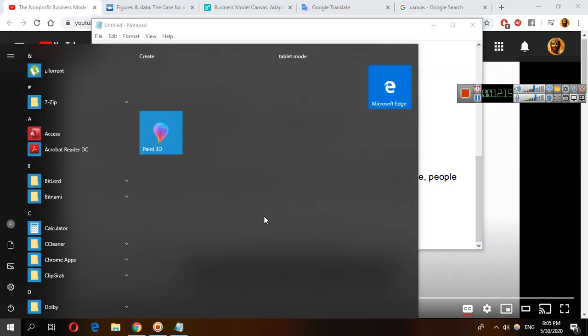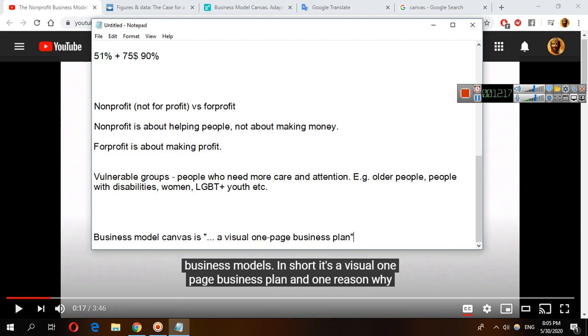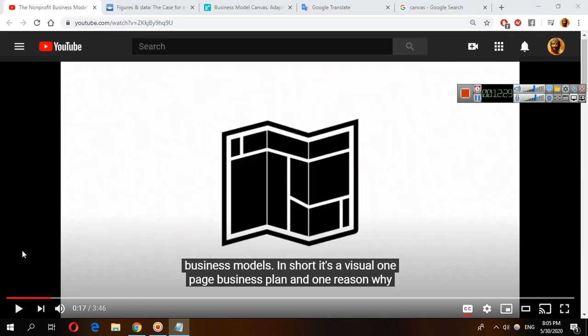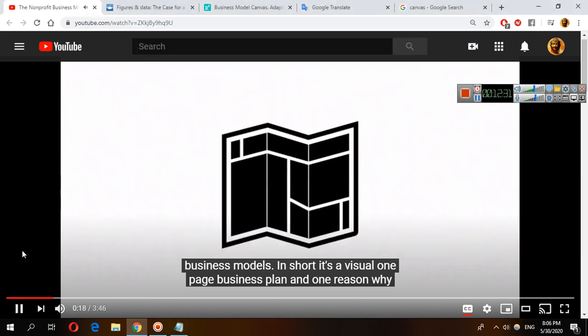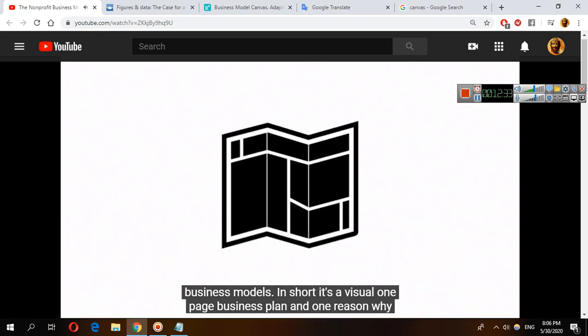Right. So in general, a business plan is very long, very detailed, and a business model, especially the business model canvas, is much shorter, and much more visual. In short, it's a visual, one-page business plan.